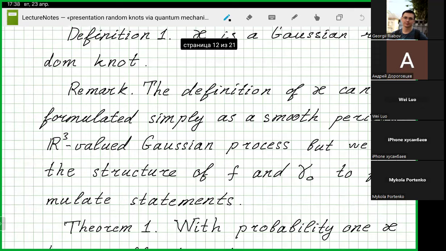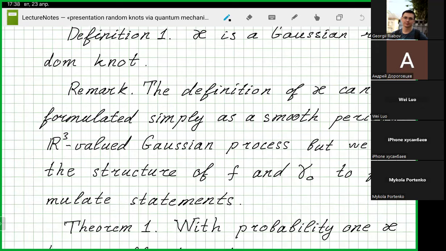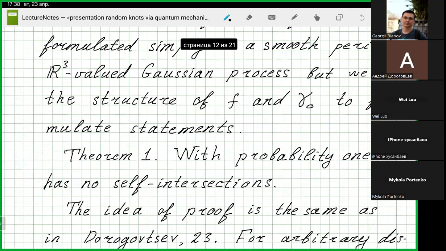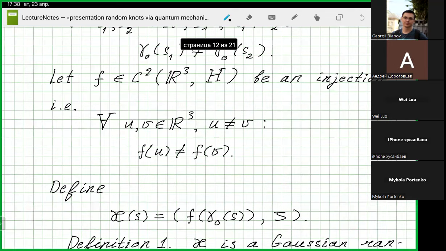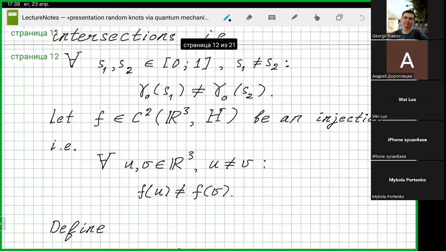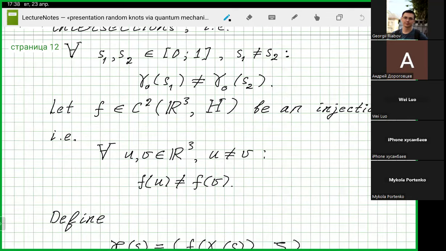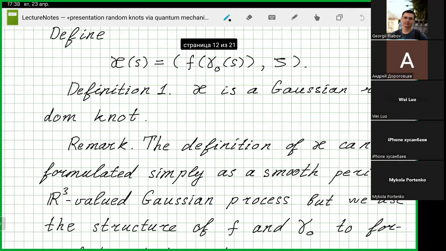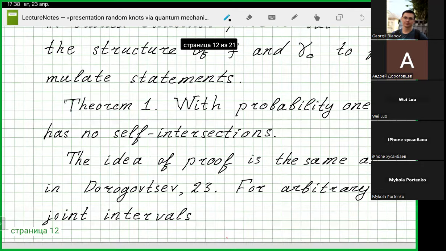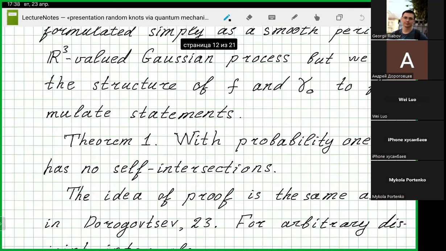Of course, the definition of a Gaussian random knot can be formulated much more simply, as a smooth periodic R3-valued Gaussian process. But we use the structure of f and gamma 0 to formulate our statement. So you remember, gamma 0 has no self-intersection, f is a smooth injection, and then with probability 1, kappa has no self-intersection.